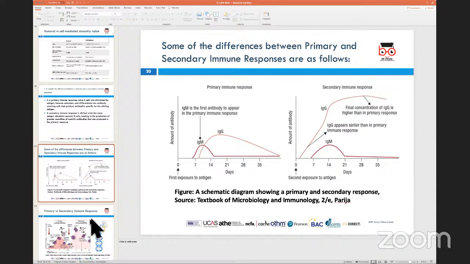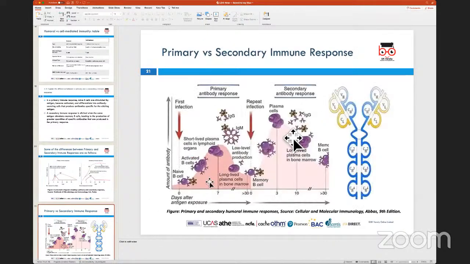That allows the body to overcome the pathogen and the reaction it is causing in terms of infection much more quickly in the secondary immune response. Now, this is also explained in this particular diagram.